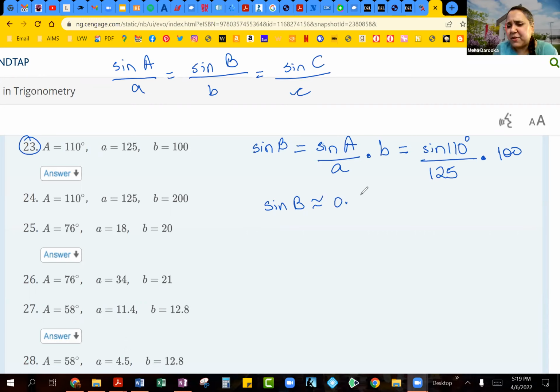And so what you want to do, guys, because remember, this is not our final answer. This is just getting us to our final answer. I would suggest do not round this answer, because if you start rounding it here, your angle measurement will be less accurate. So 0.75175 4097. That's kind of what I'm seeing on my calculator here. So now to get angle B by itself, of course, we would end up doing arc sine or sine inverse on both sides.